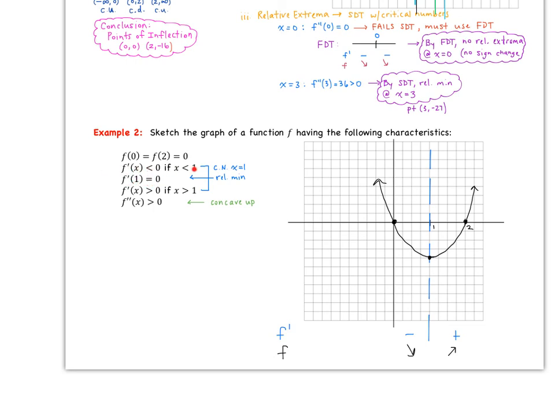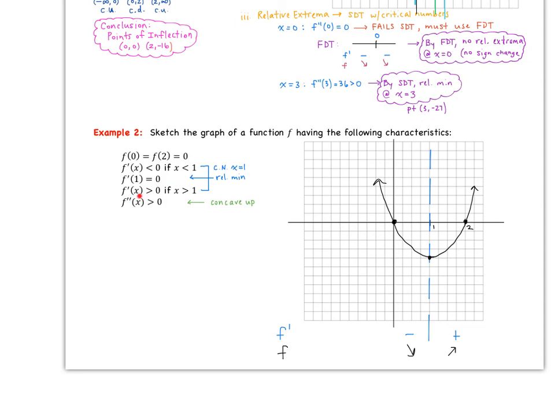So this right here is showing me f prime is going from negative to positive at x equals 1. So x equals 1 is a critical number, and it turns out it's a relative minimum because we're going from negative to positive.